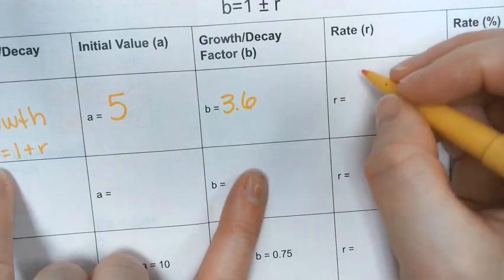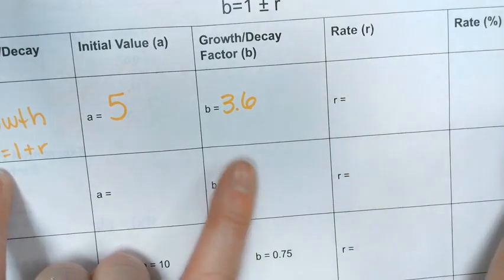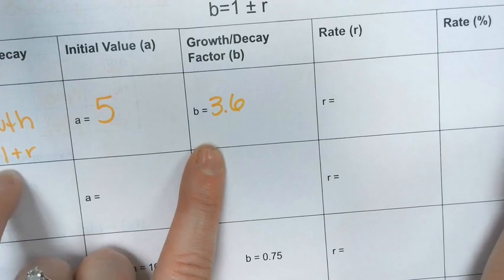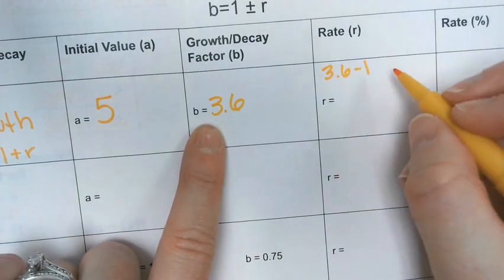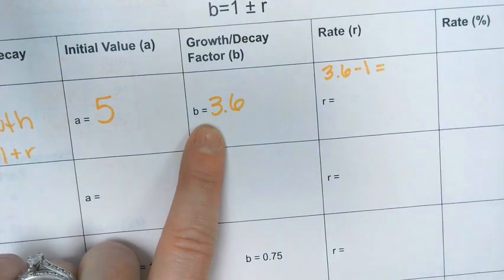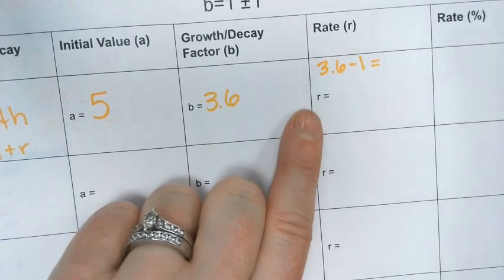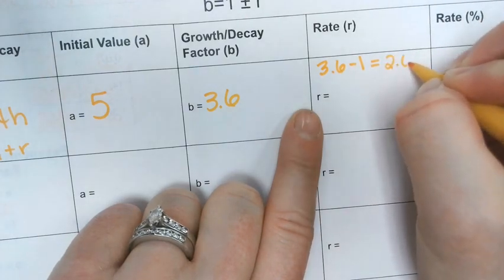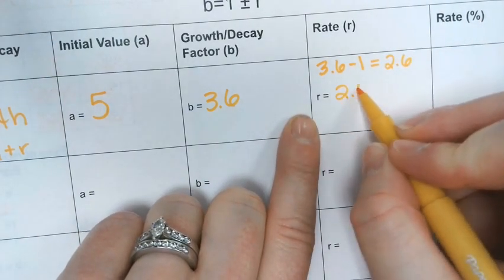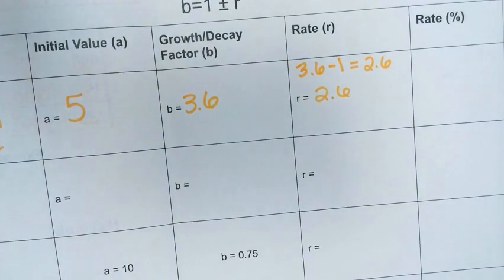So the rate is found by taking 1 away from it. So what we want to do is 3.6 minus 1. So if I have 3.6 and I take 1 away, what do I get? Yeah, 2.6. That's the rate that it's increasing by.